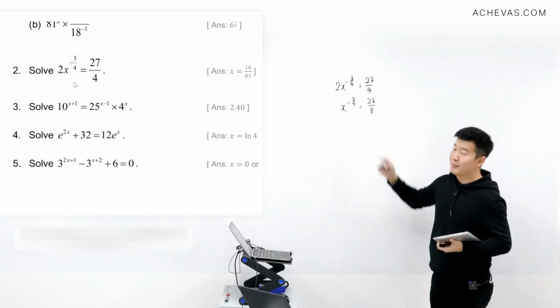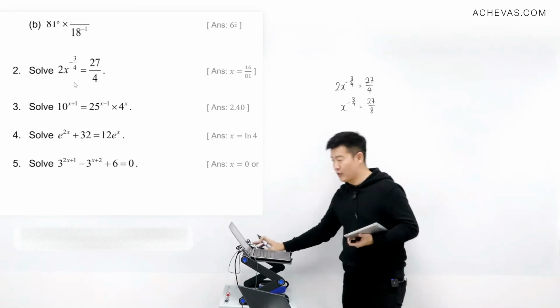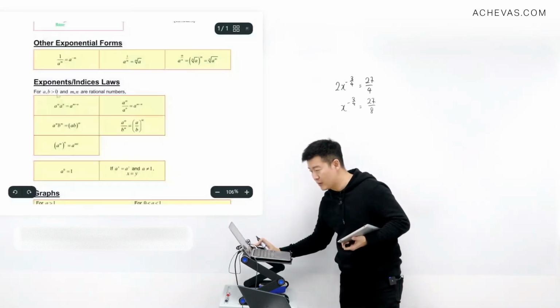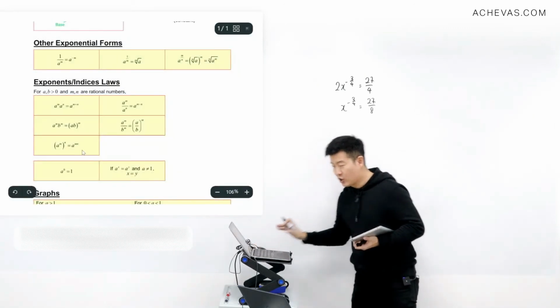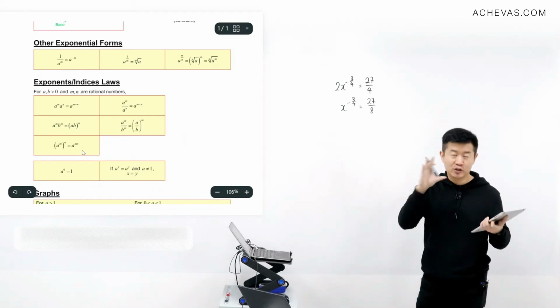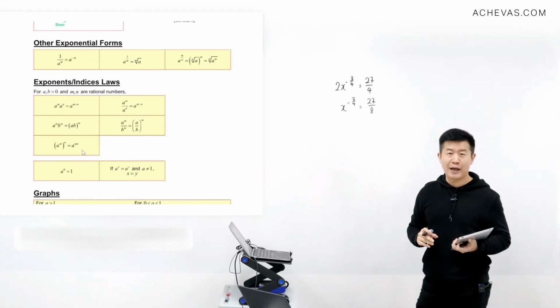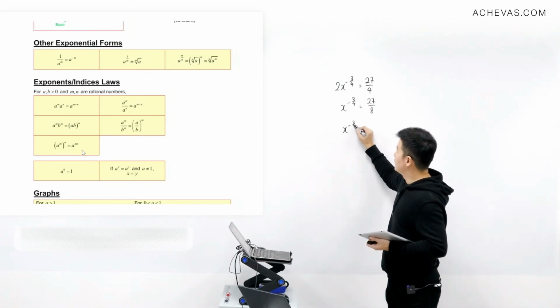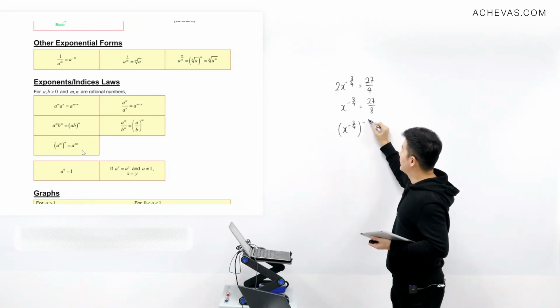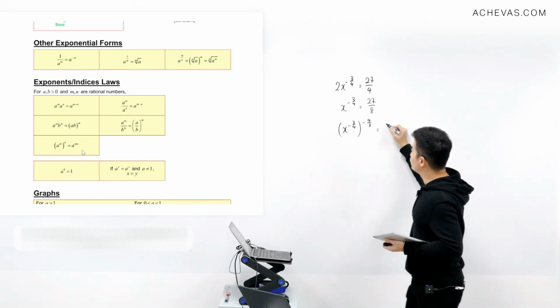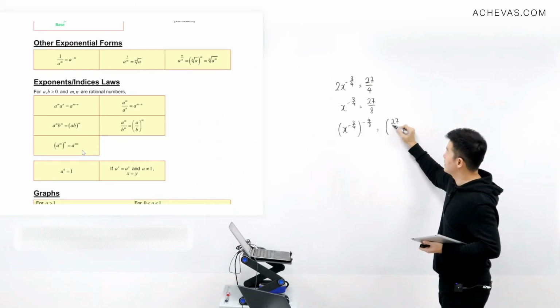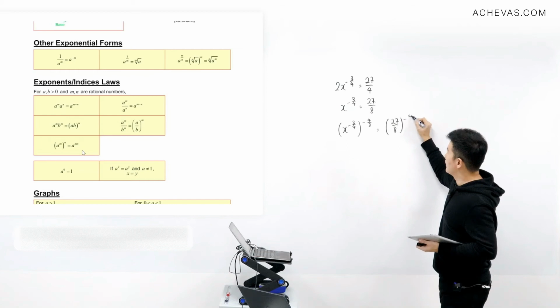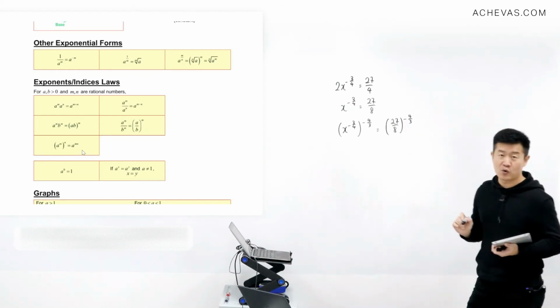And in order for me to make x a subject, I'm going to make use of this law that we have discussed, which is this. Okay, a to the power of m, the whole thing to the power of n is a to the power of m times n. So I'm going to raise this left-hand side here to the power of minus 4 over 3. I'm going to do the same thing to the right-hand side, 27 over 8 here. It is going to be raised to the power of minus 4 over 3.